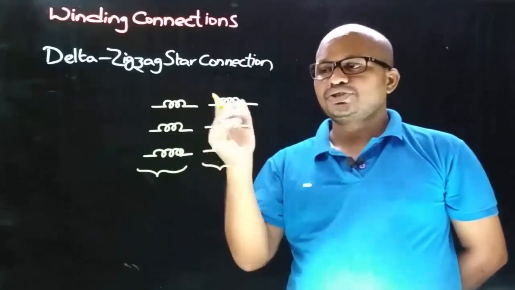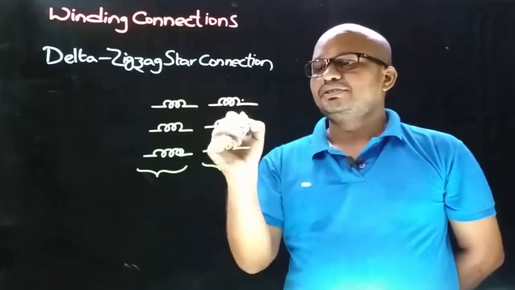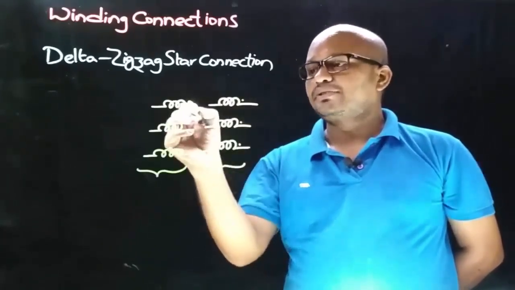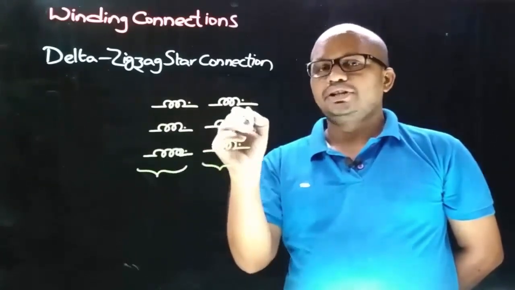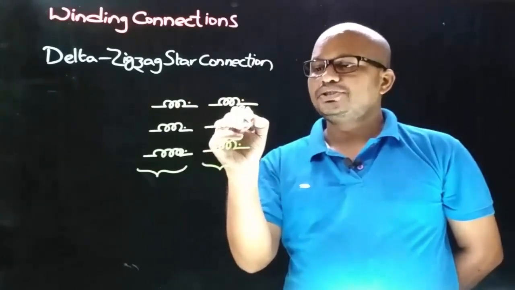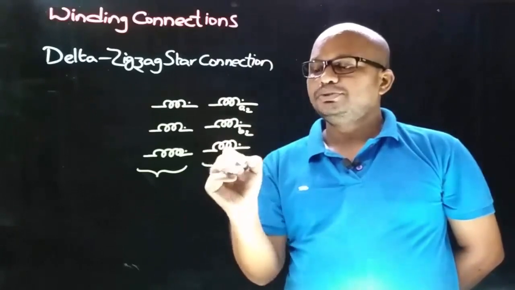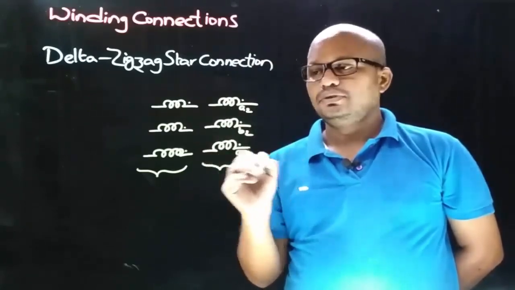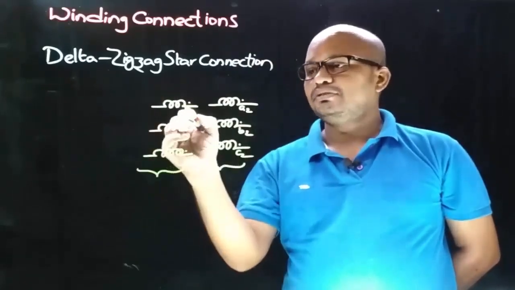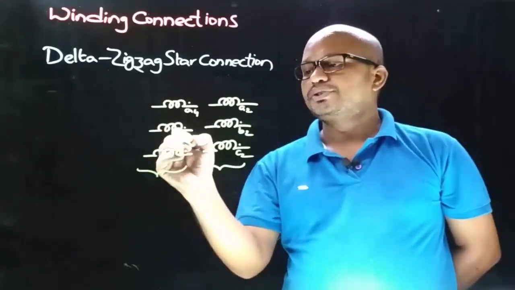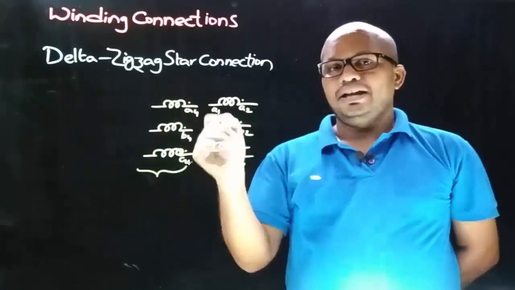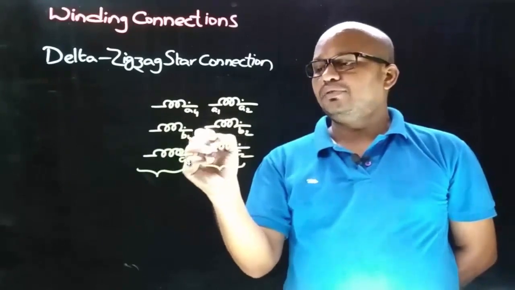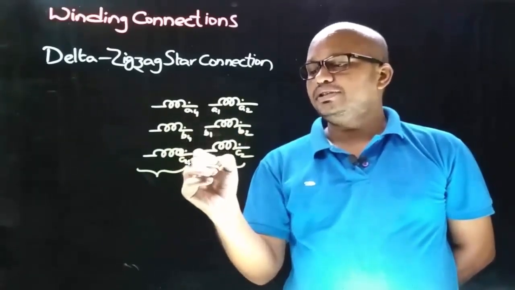Now let's give notations to these windings, and let us consider these as the dot terminals of the windings. The dot terminals are given the notations small a2, small b2 and small c2, and for this half portion small a4, small b4 and small c4, and the non-dotted terminals are small a1, small b1 and small c1.